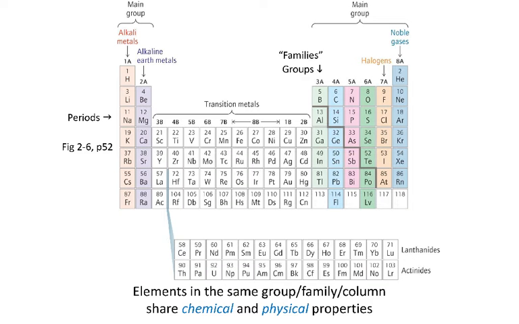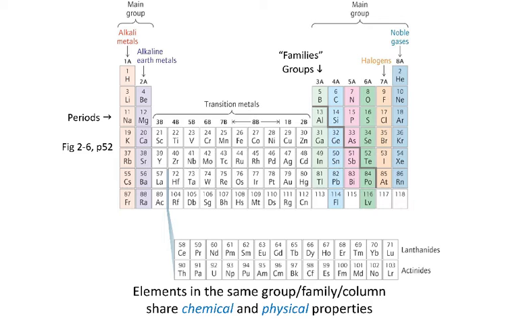So first, the periodic table of elements. The inside cover of your textbook on the front shows a list of all of the elements, symbol, atomic number, atomic mass, but then it also has the periodic table of all of the elements with the same information.